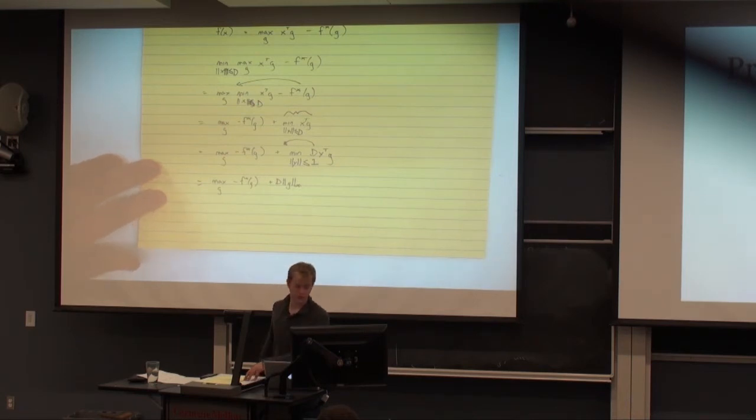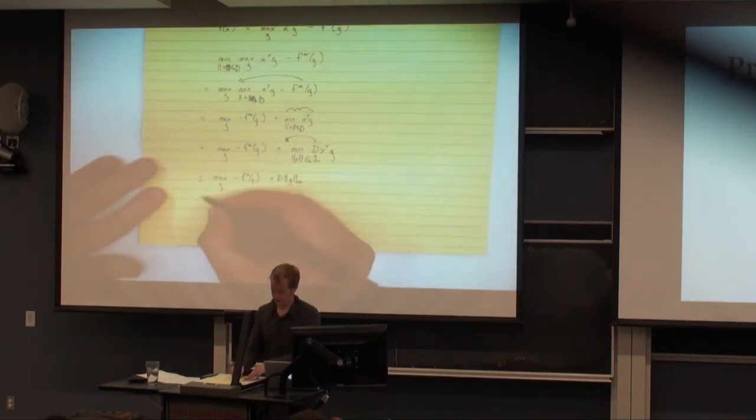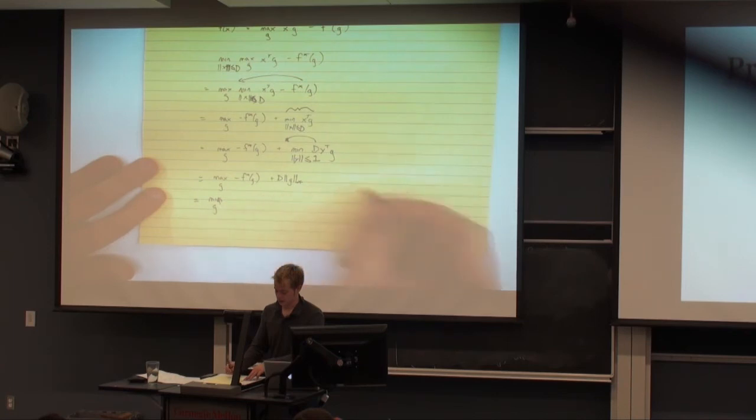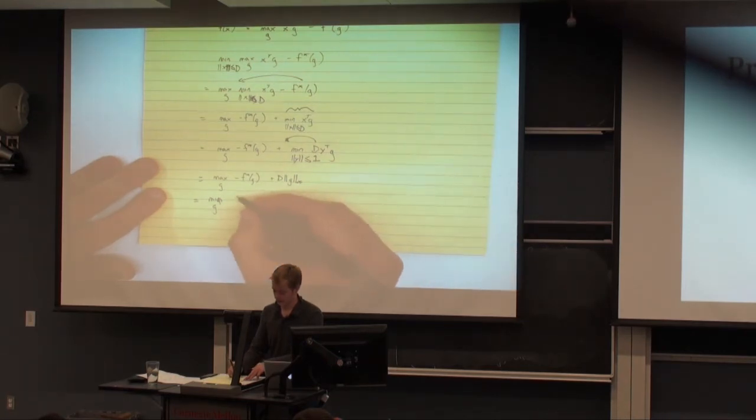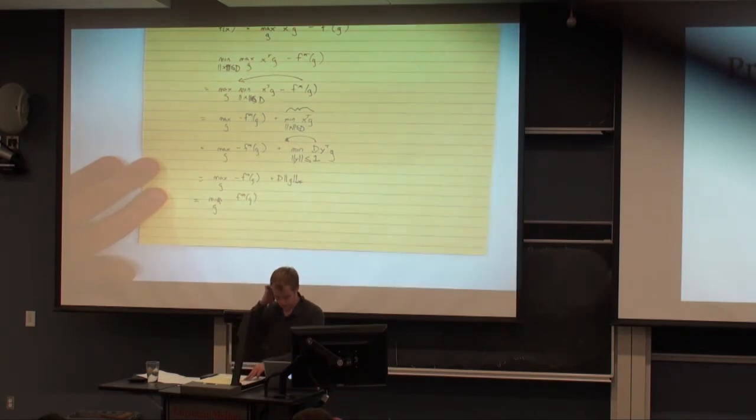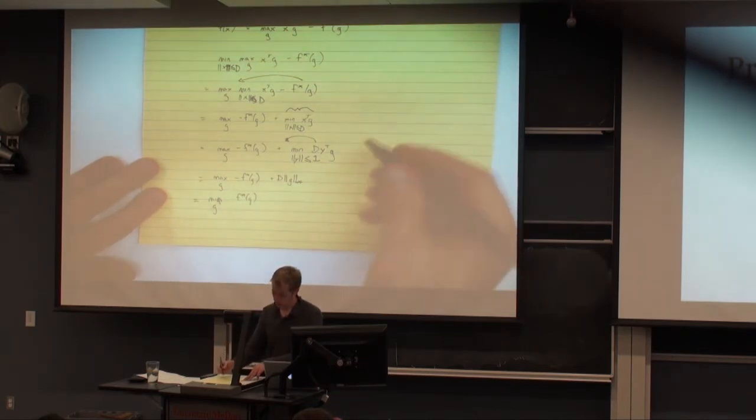Did I mess something up? Well, I haven't got the answer yet. Yeah, so, okay, I think what you're saying is we want to change this to a min, right? And then I throw the minuses through, right? Oh, yeah, sorry.